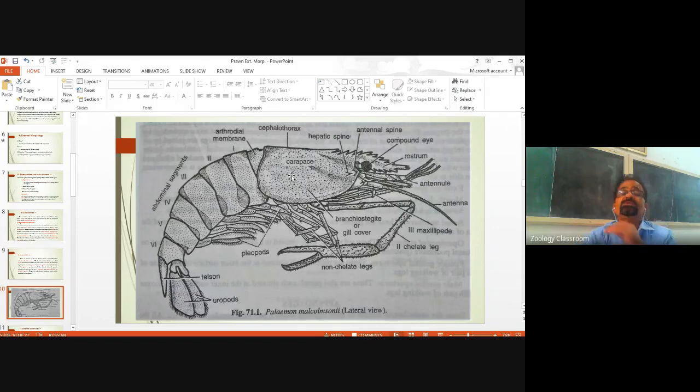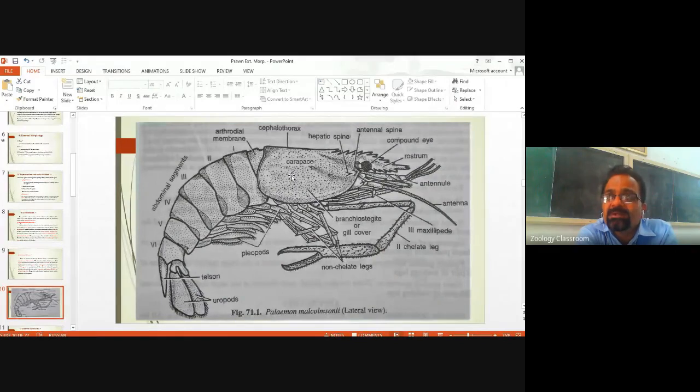Now this word carapace is generally applied to a reptile. Which reptile? Carapace and plastron. The dorsal part of the body has a hard shield, which is called the carapace, while the same type of hard covering on the ventral side is called the plastron.